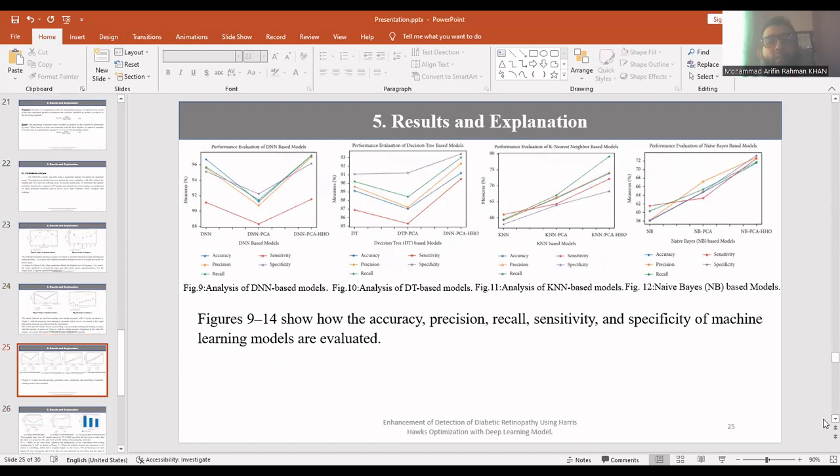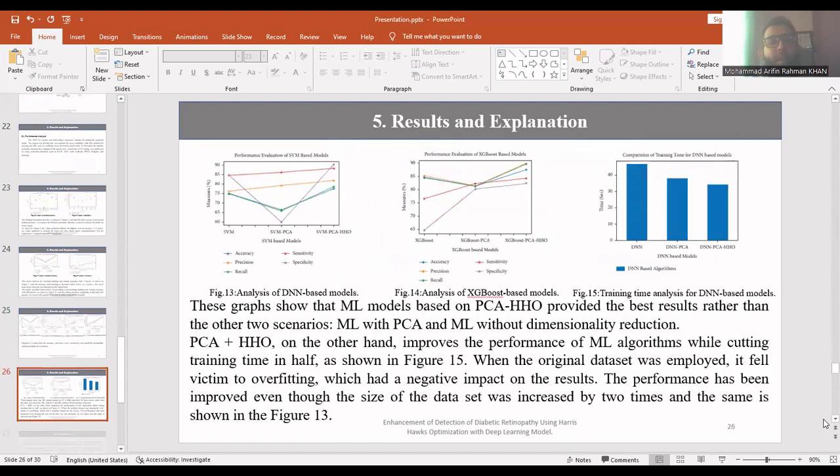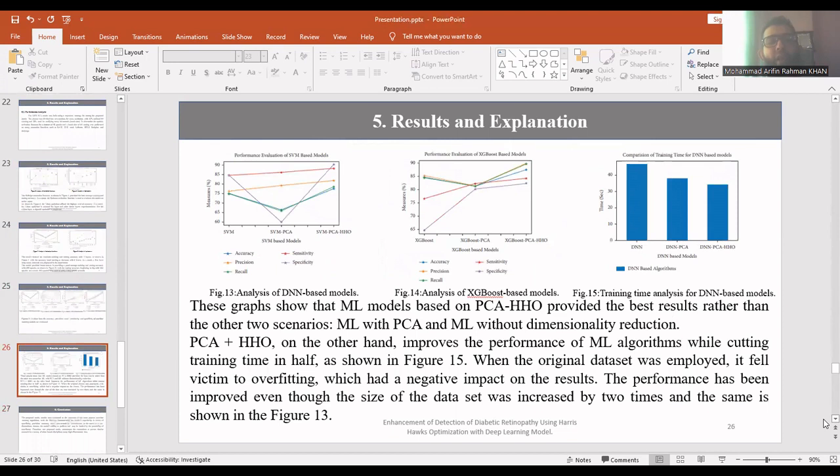Figures 9 to 14 show how the accuracy, precision, recall, sensitivity, and specificity of the machine learning models are evaluated. These graphs show that the ML models based on PCA and HHO provided the best results compared to the other two scenarios, ML with PCA and ML without dimensionality reduction.